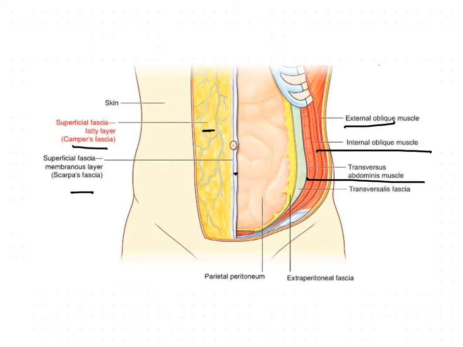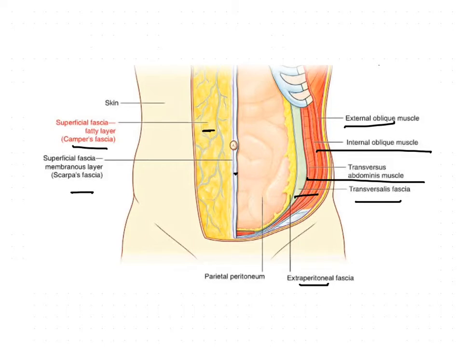Below this muscular layer you will find another fascial layer called the transversalis fascia. Below this transversalis fascia you will find the extraperitoneal fascia, and below this extraperitoneal fascia you will find the parietal peritoneum.